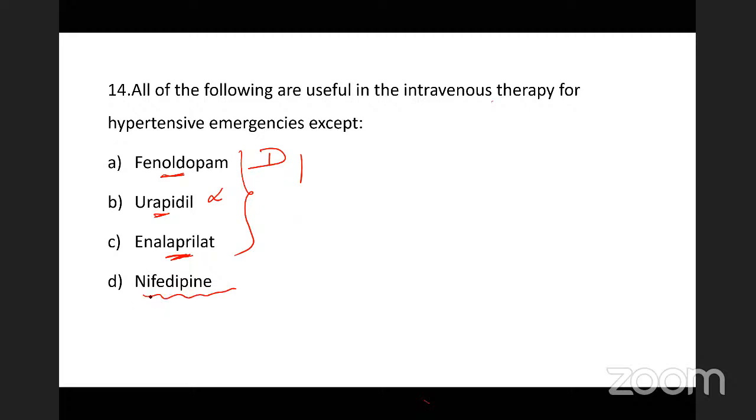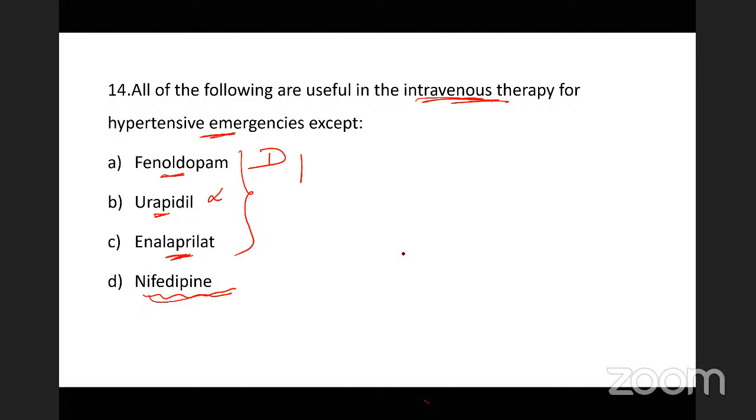Nifedipine, if it is used, should be given sublingually. In hypertensive emergency they ask about intravenous therapy, and nifedipine cannot be used intravenously. If you use nifedipine intravenously, there will be a sudden fall in BP, reflex tachycardia, and worsening of unstable angina, because it is short acting.